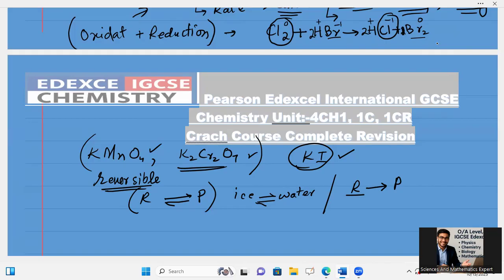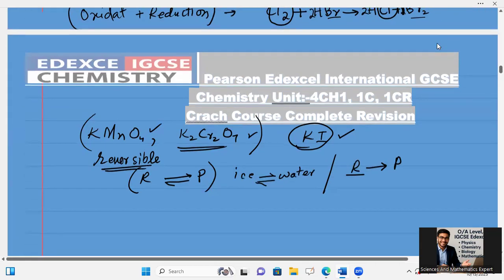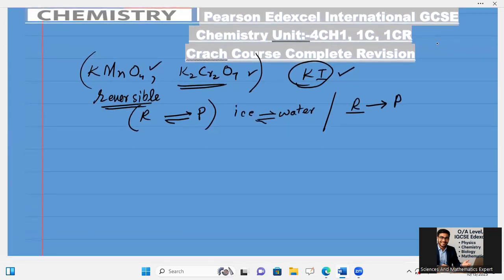And for such types of reversible reactions, we have to keep in mind the Haber process, in which nitrogen and hydrogen combine with each other to make ammonia.